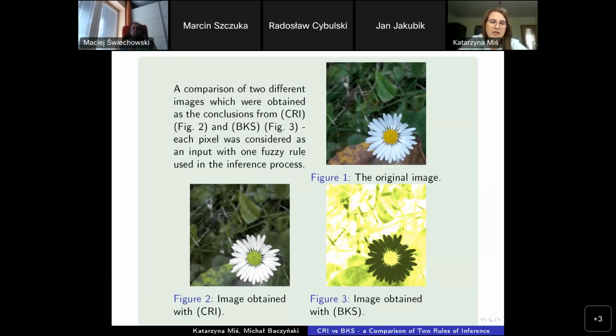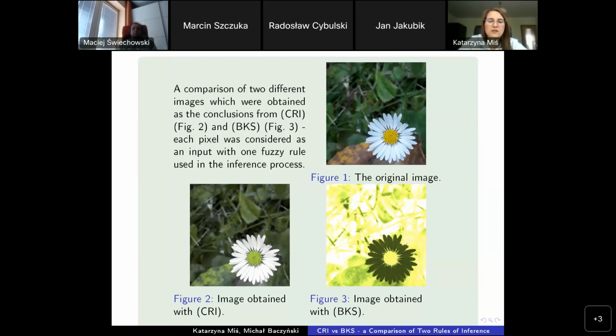But in general, we understand this image as a set of pixels, so each pixel was considered as an input. If a pixel is yellow, we would like to transform it to, for example, the more green one. So we would like to have more green shades.